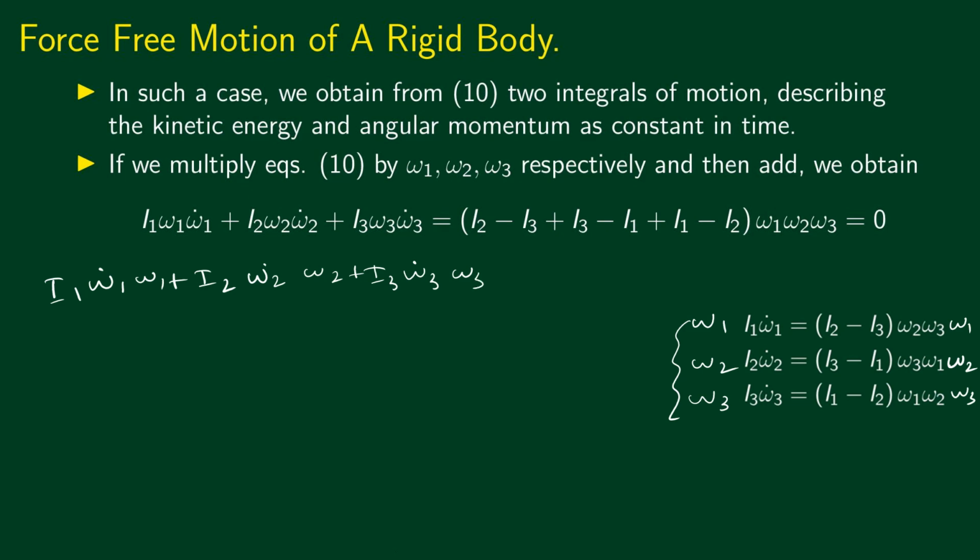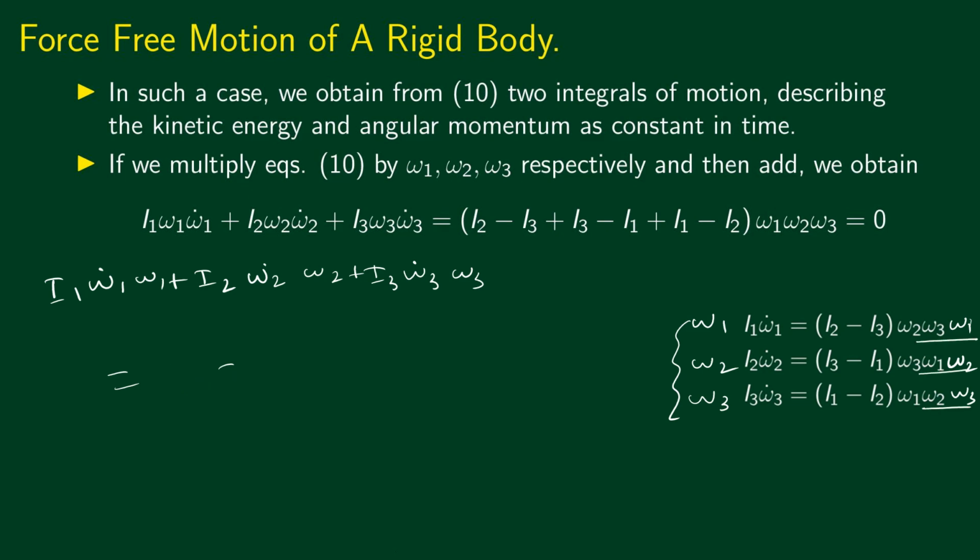That would be the sum of the terms on the left hand side, right? So this will be equal to the sum of the terms on the right hand side, which is (I2 minus I3) omega 1 omega 2 omega 3, and omega 1 omega 2 omega 3 is common in all these terms.